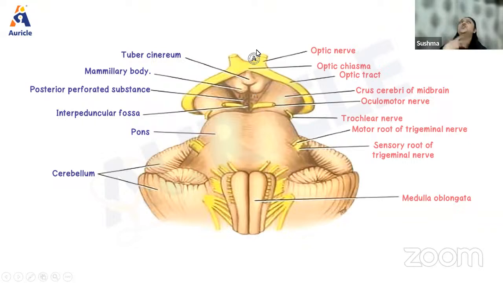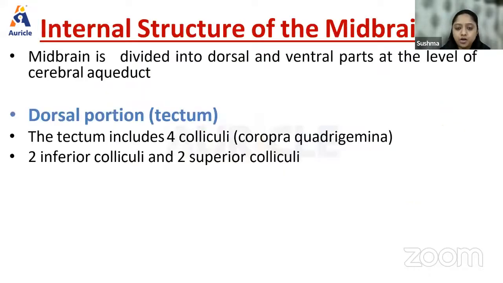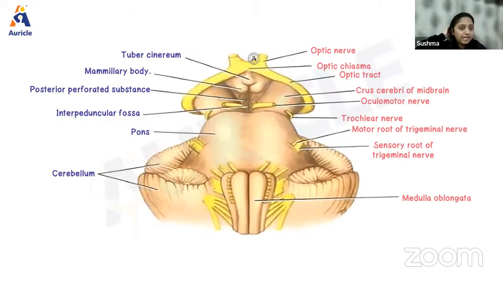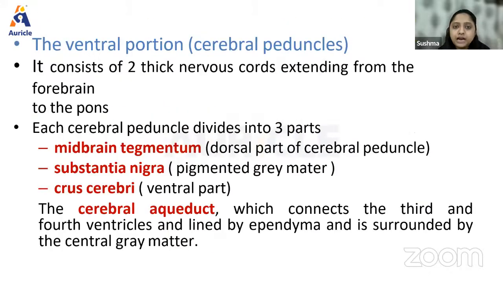Look at how efficient the system is. Look at how beautifully God has created it. When you talk about the superior colliculus, you don't even have to memorize because you know it is something related to vision. Why? Because look at all the surrounding structures here, guys. You have the optic nerve, optic chiasma, optic tract, oculomotor nerve coming in. Do you even have to memorize it?